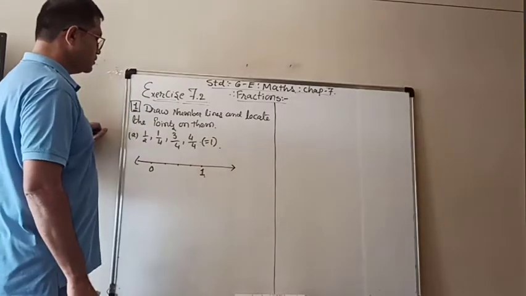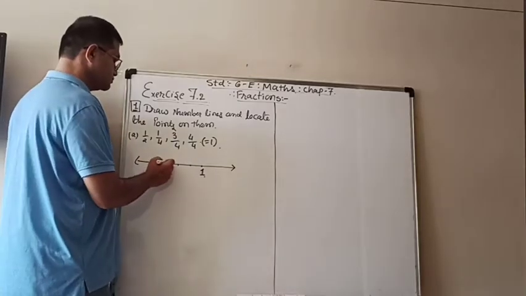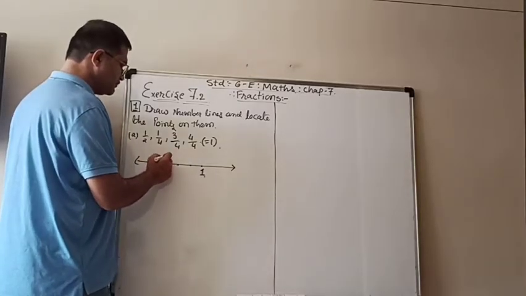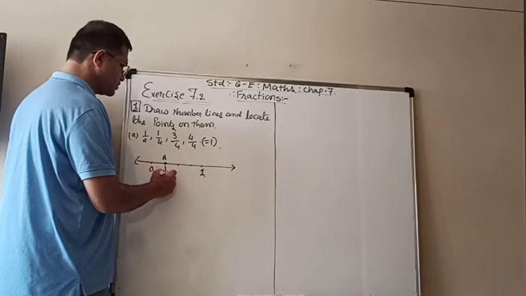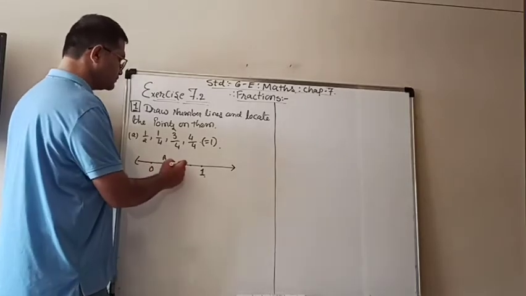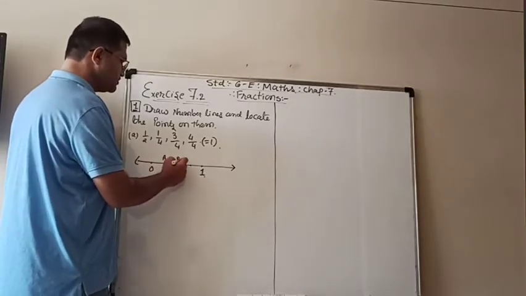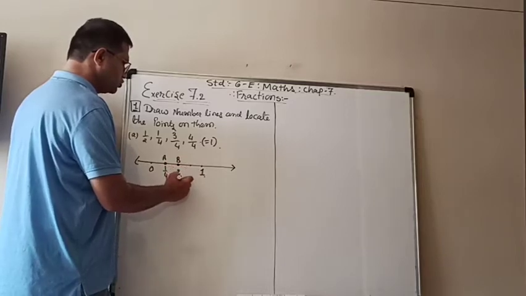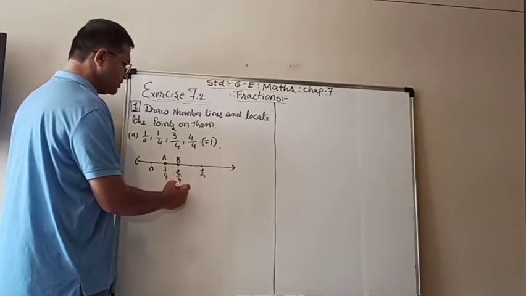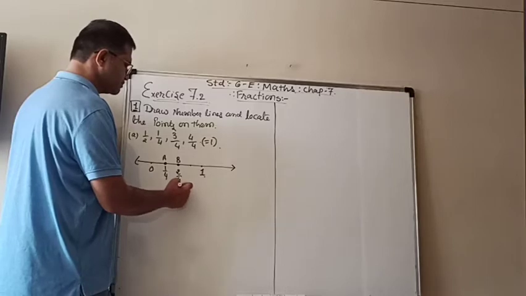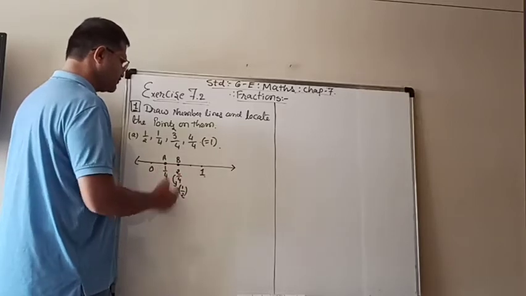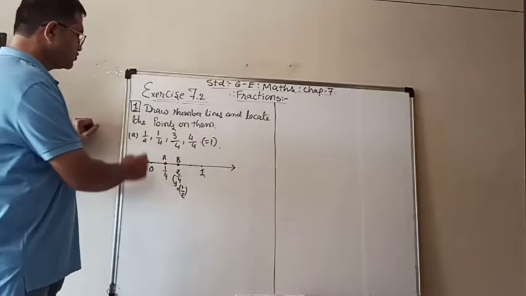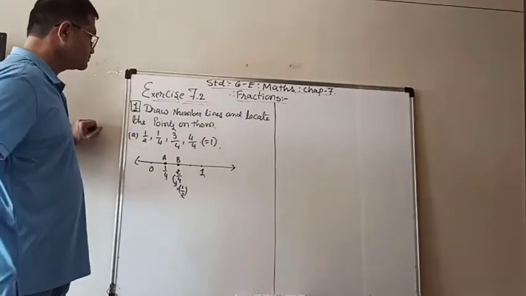Now here, the first number we can denote by A is 1 upon 4. B is 2 upon 4, but it can be simplified as 1 upon 2. So that is 1 upon 2 here.